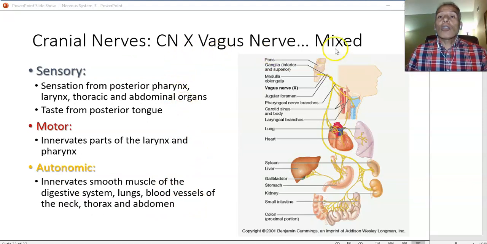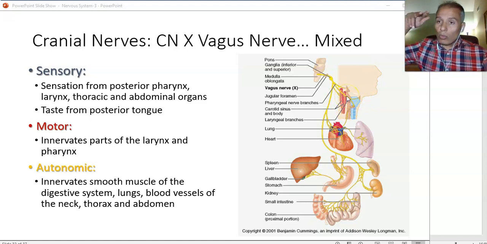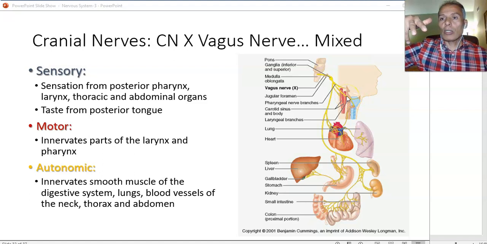The vagus nerve is a mixed nerve as well, sensory, motor, and autonomic. And as you can see, it goes down, and branches of it go into the pharynx, and go into the larynx, and they actually go onto the vocal folds themselves. So if one of these branches gets damaged, the vocal fold itself will be paralyzed.